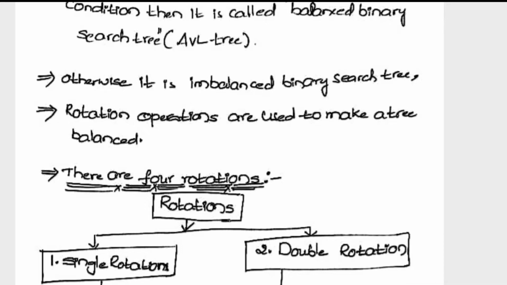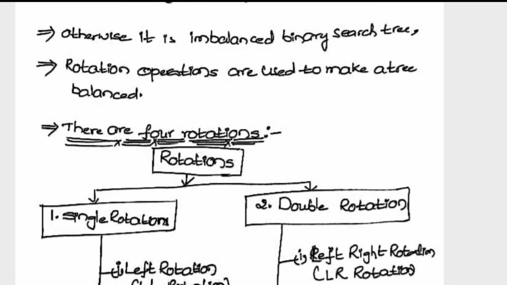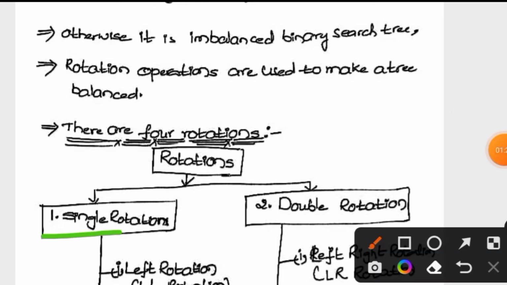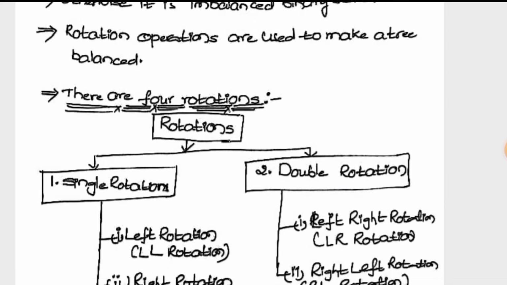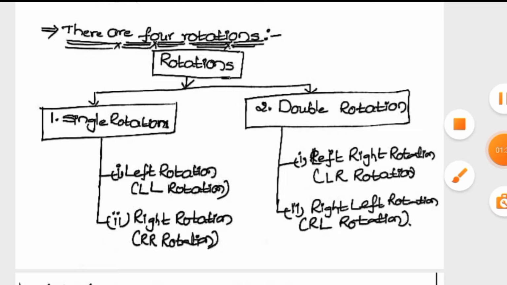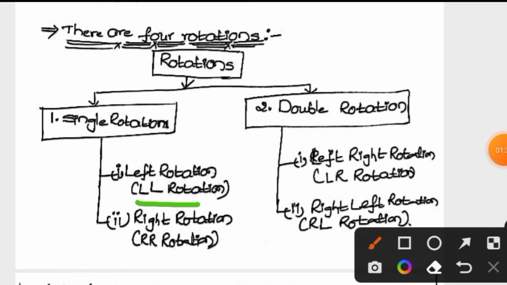Here there are two types of rotations. The first is single rotation, the second is double rotation. In single rotation, there are two categories. The first one is LL rotation, that is left rotation, and the next one is RR rotation, that is right rotation.